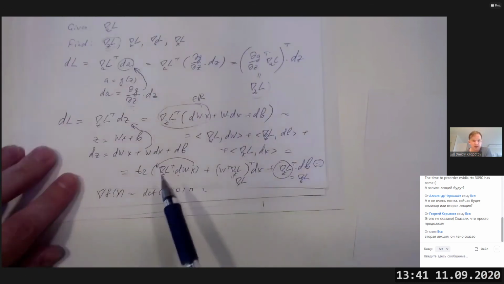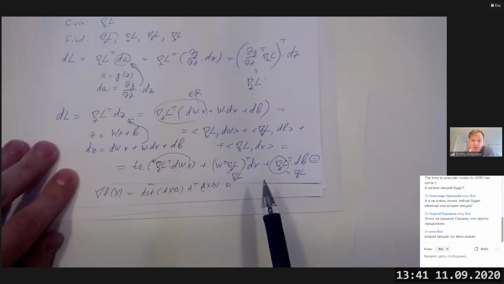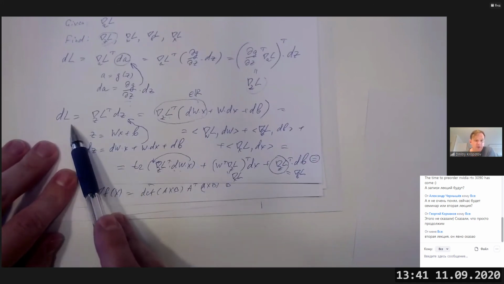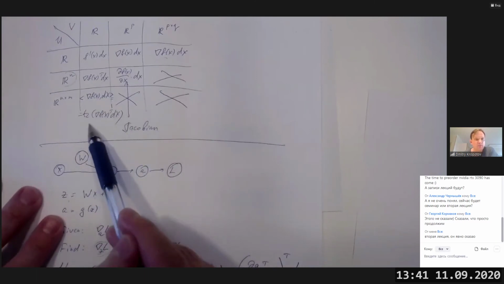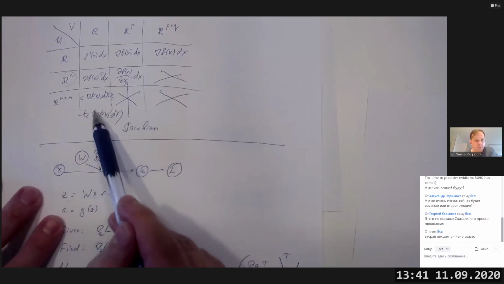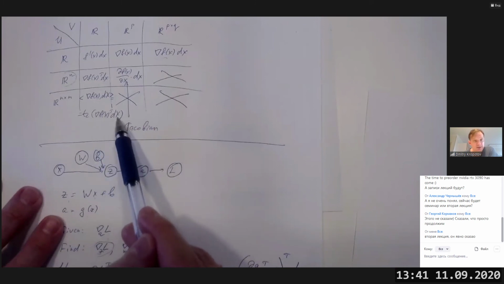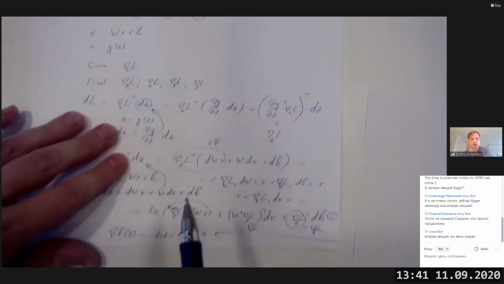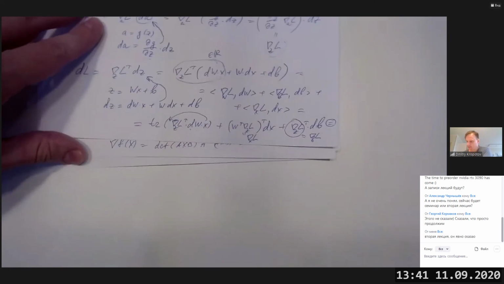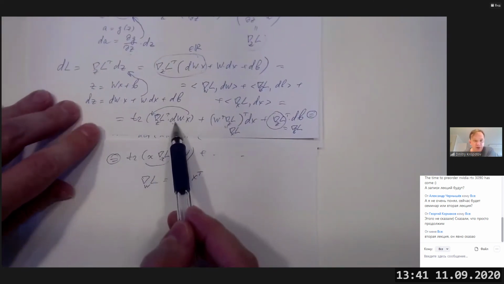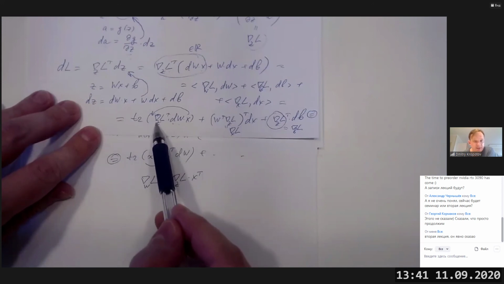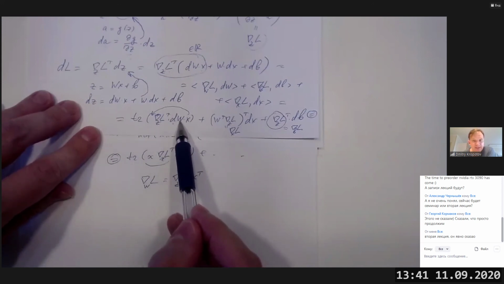For the case of W, W is a matrix, L is a real valued function. So we have this situation. Our standard canonical form is a trace of our gradient transpose times increment. So in order to extract the gradient, we need to transform this expression into the form of trace of something transposed times dW.